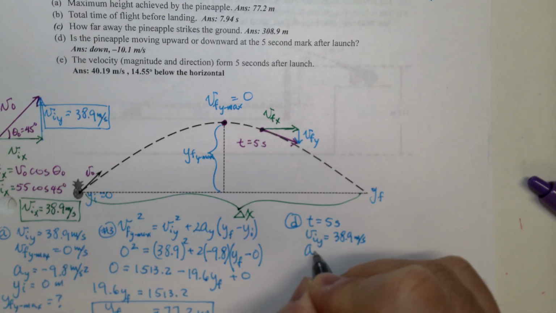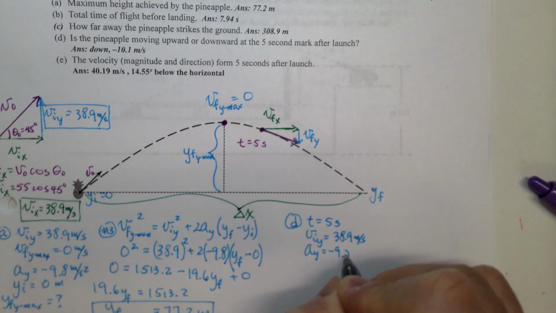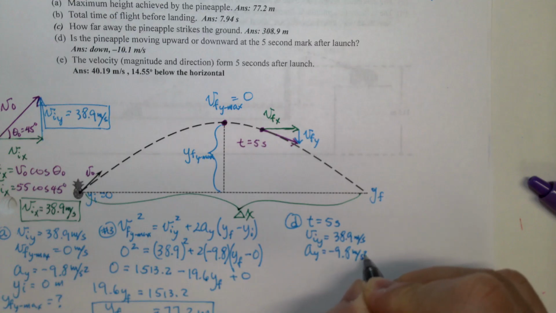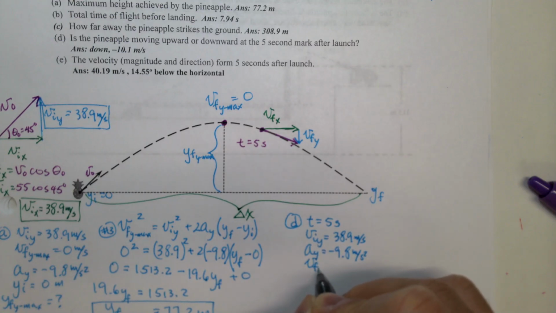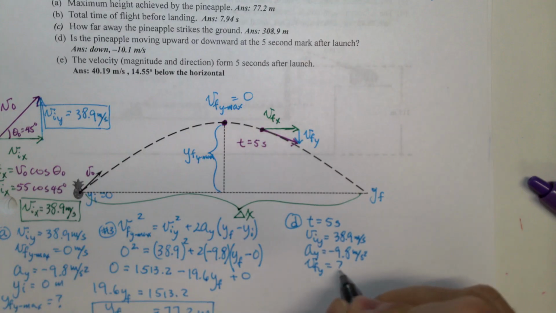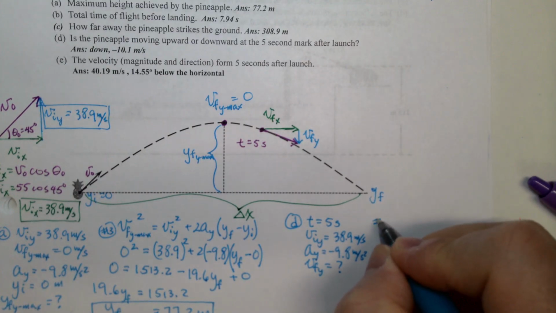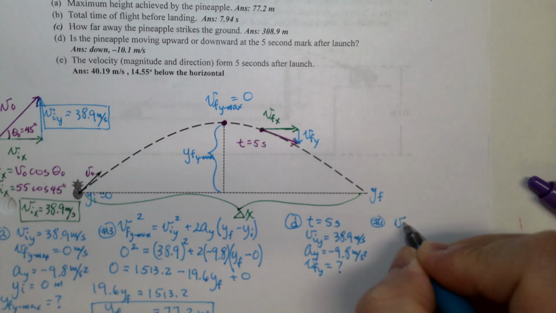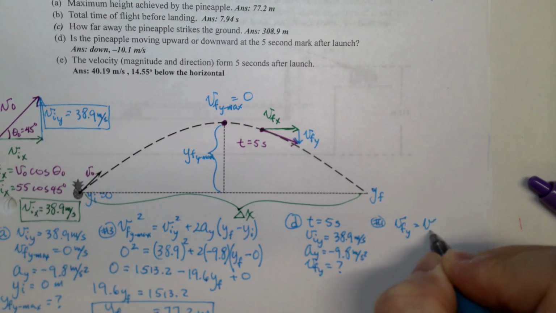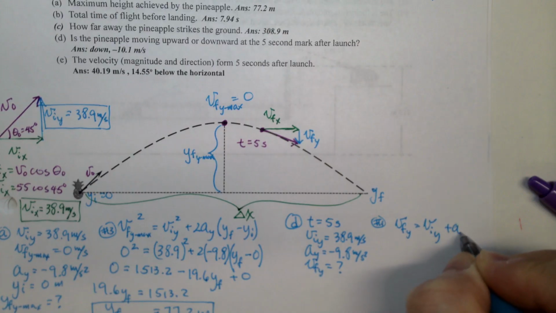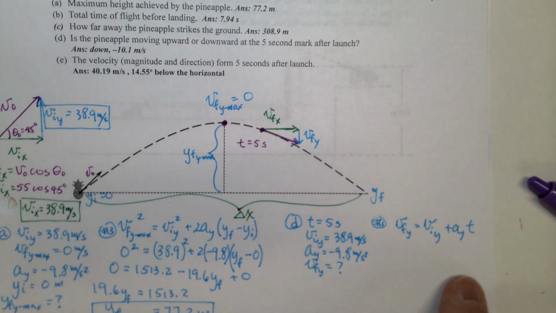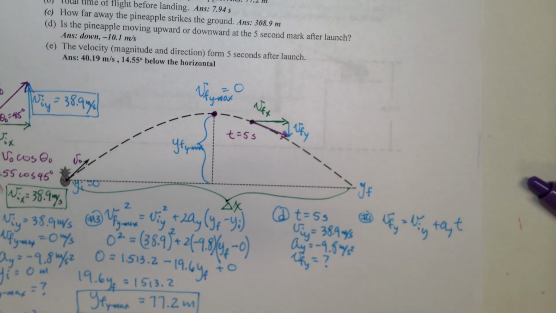We know a sub y is equal to negative 9.8 meters per second squared. Let's find out what the VFY is at 5 seconds. We can use equation number 1, which is VFY is equal to VIY plus a sub y times time. And this time is 5 seconds.